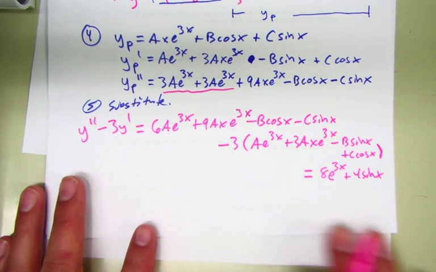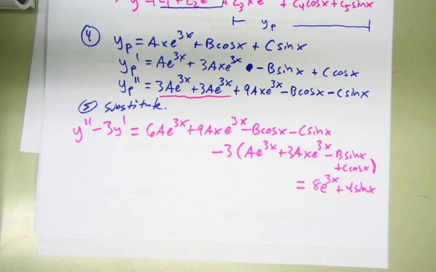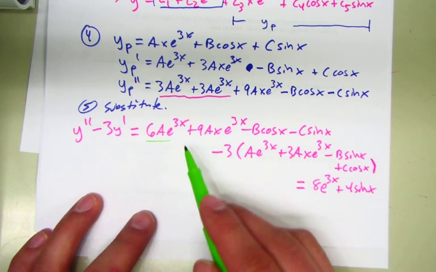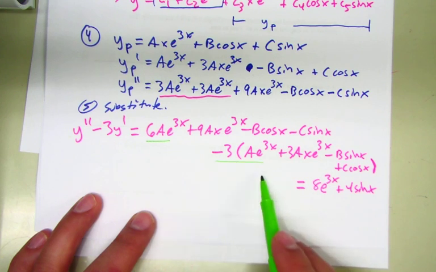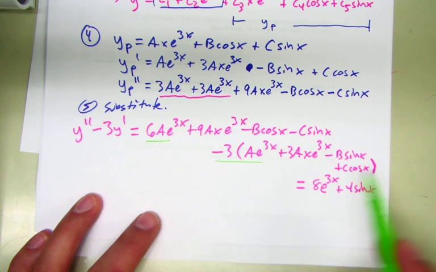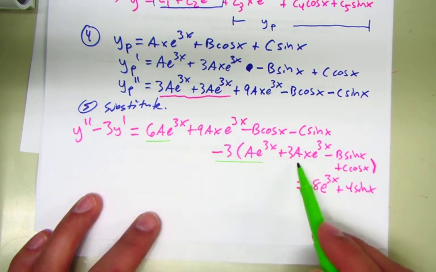Okay, so let's group some things. It looks like we have several terms that have the e to the 3x. So let me rewrite that. We got 6a e to the 3x minus 3a e to the 3x, and the 9ax e to the 3x, you can see that those cancel.